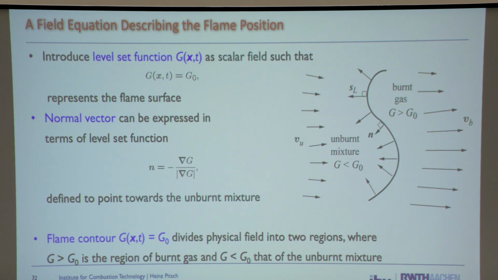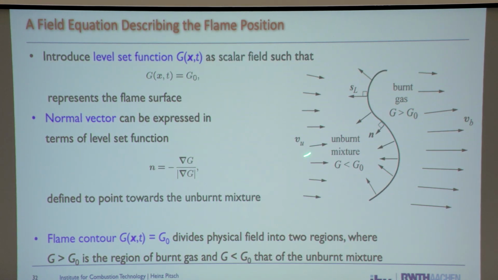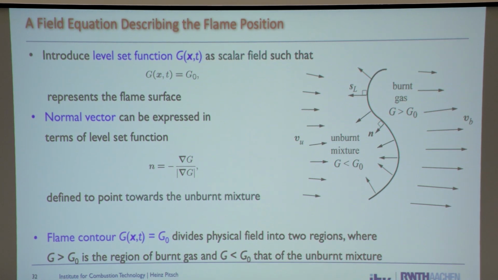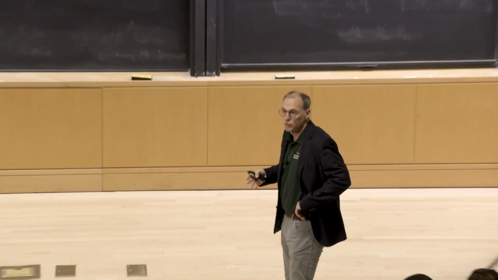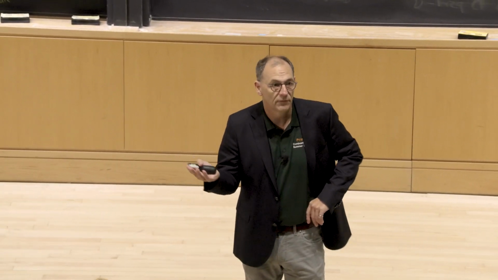And then we can introduce this level set function G. The level set function is defined to be negative in the unburnt and positive in the burnt. That's it, okay? Really what the function is in the burnt and the unburnt doesn't matter, it's arbitrary, you can choose whatever you like.